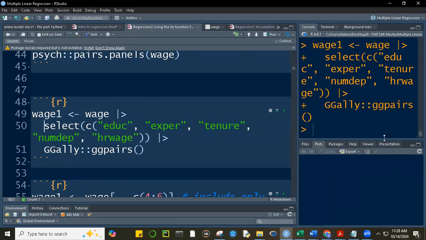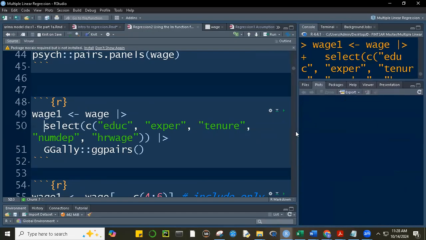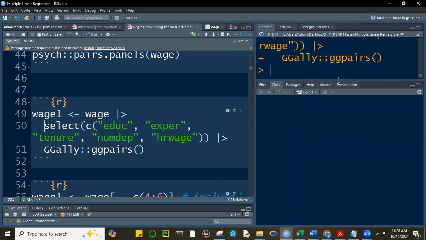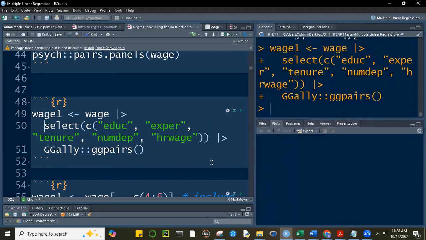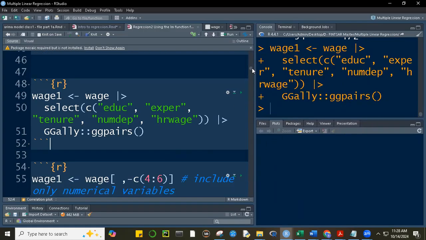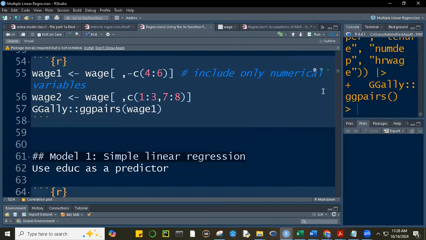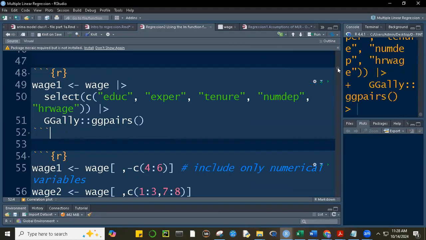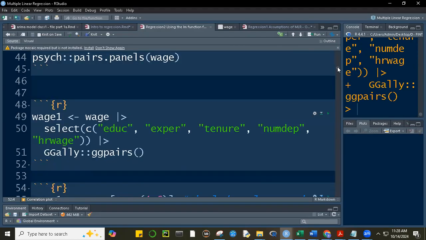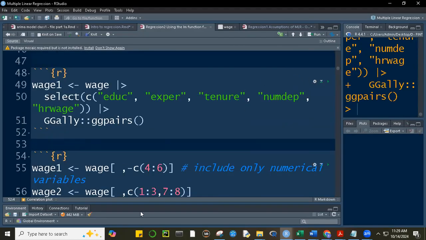Okay. And it did not plot automatically, no? Sometimes this ggally is a bit like that. It did not automatically plot. So I'll just replace this for a while.